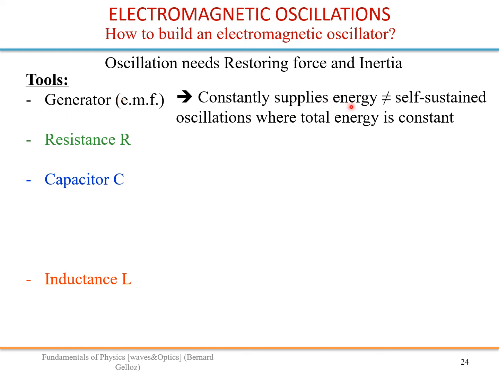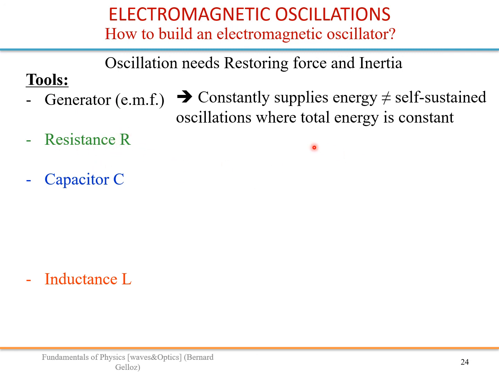It will consistently always supply energy to the system. So it's not what we want. We want something where the energy is constant. So we don't want to constantly add energy to the system. So we don't want a generator.